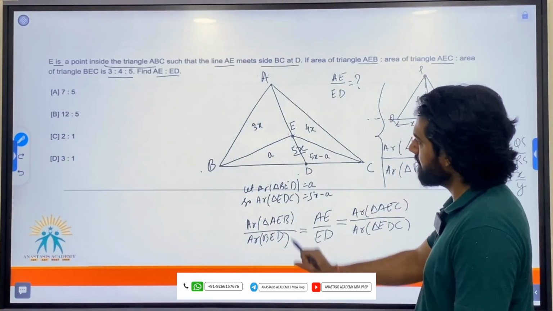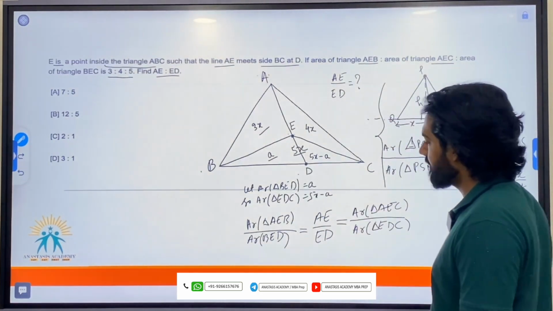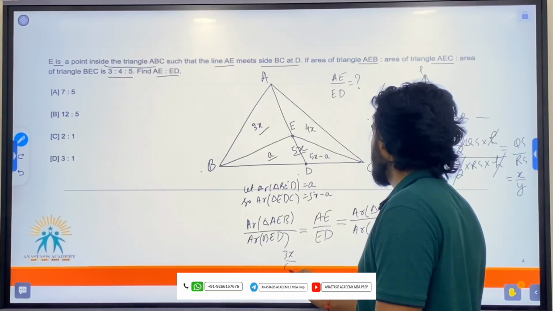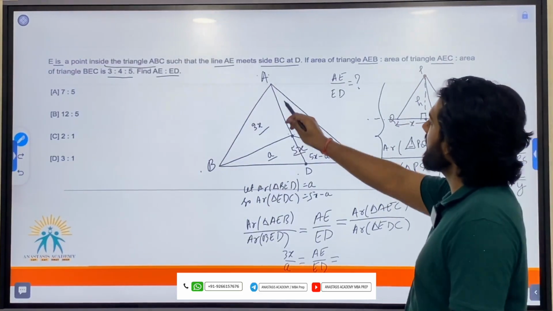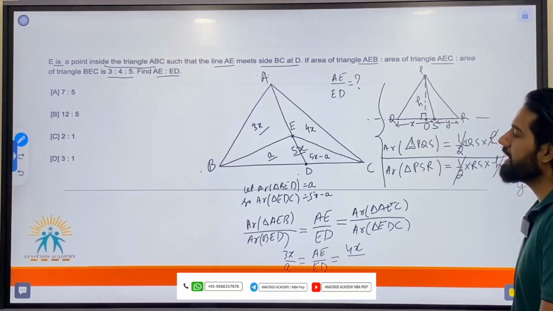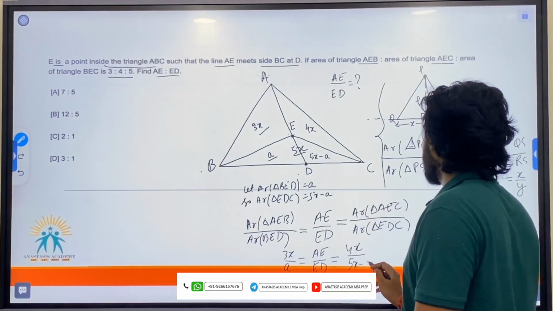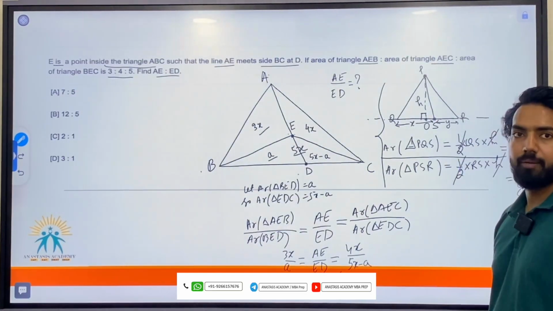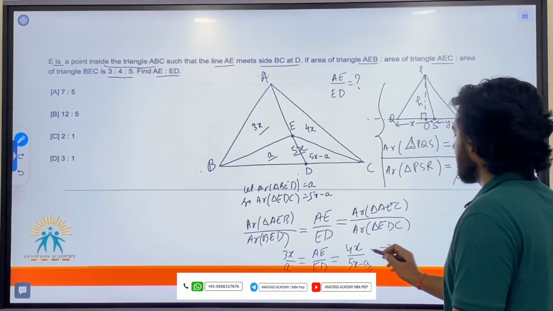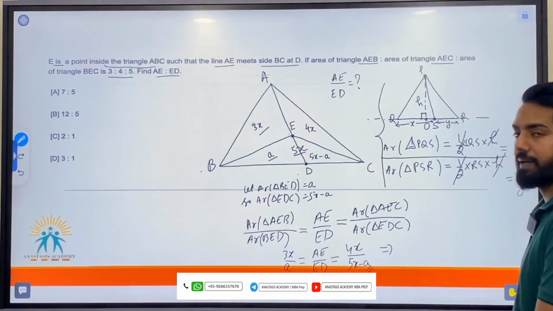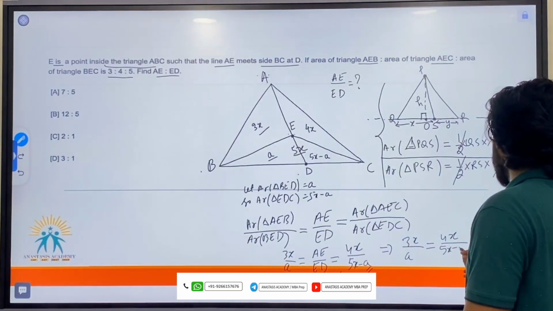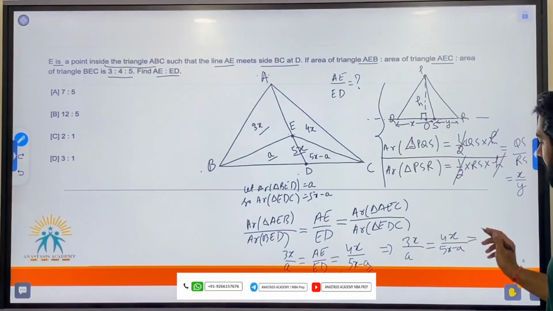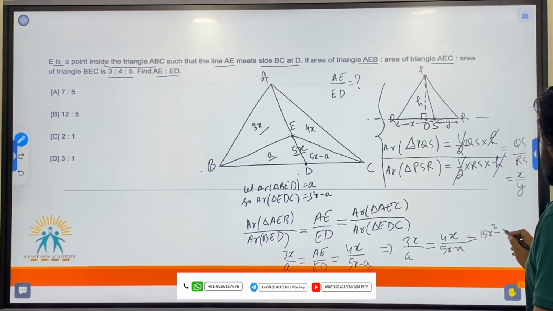Now the area of triangle AEB is 3x, the area of triangle BED is A, so I can say 3x upon A is equal to AE upon ED, and it is equal to the area of triangle AEC, which is 4x, upon the area of triangle EDC, which is 5x minus A. So we can equate these two to get the value of A, right? 3x upon A is equal to 4x upon 5x minus A. Cross multiplying the terms, I get 15x squared minus 3ax is equal to 4ax.